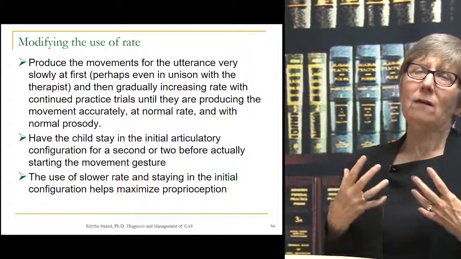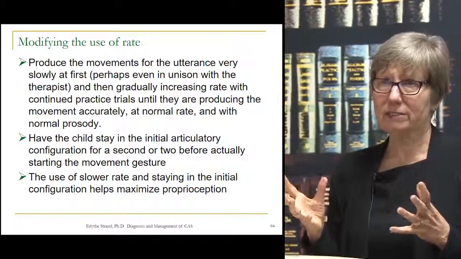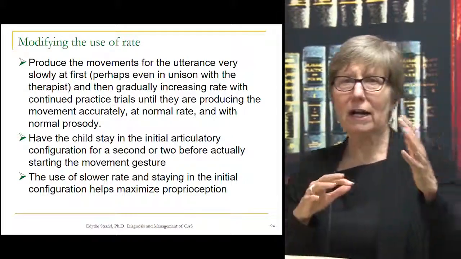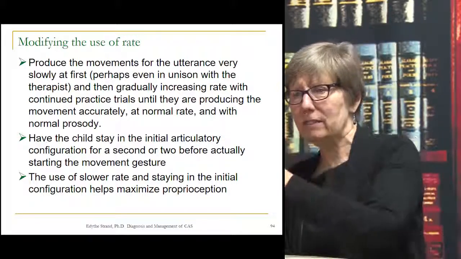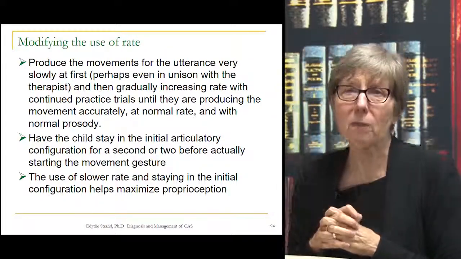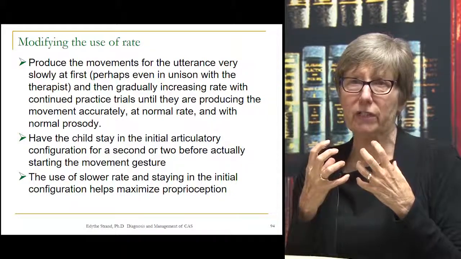Now, sometimes even in simultaneous, the child may have difficulty. So you've tried, let's say, 5, 8, 10 times or whatever, and they just can't even do it simultaneously. And maybe the problem is they can't really get in that initial configuration very well.